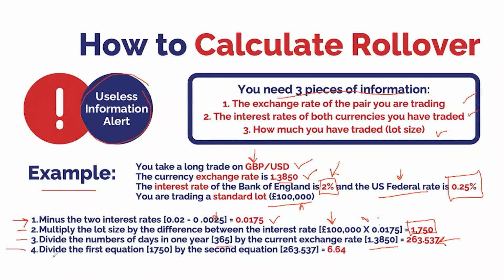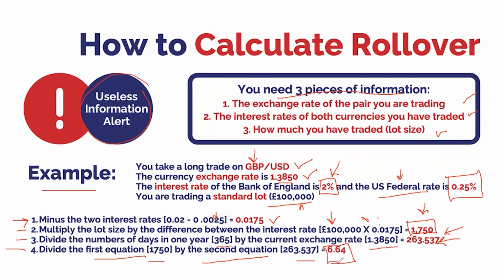Step number 4. So now we have the figures. We divide the first equation, the 1,750, by the second equation, which is 263.57, that number right here, which gives us the total of 6.64.